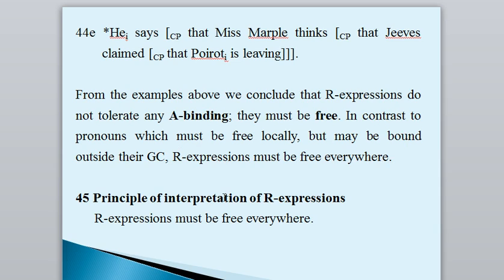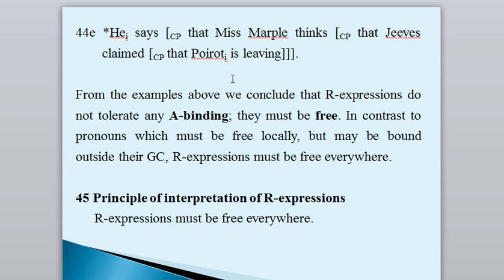So this is the principle of interpretation of R-expressions. R-expressions must be free everywhere. This is Principle C of the binding theory. We cannot co-index the R-expression with any element in the sentence because they should be free everywhere in the sentence.